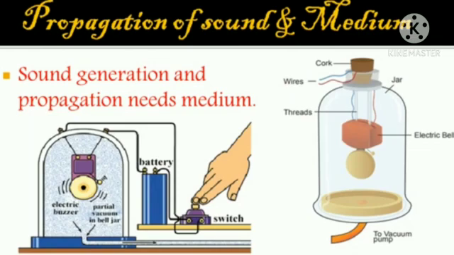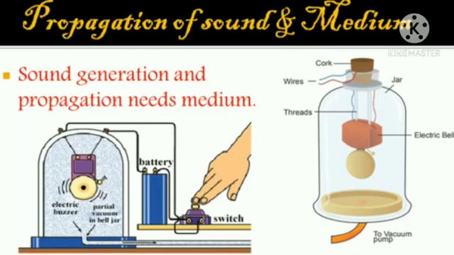And now if the vacuum pump is switched on, it starts removing the air from the bell jar. As the quantity of air inside the bell jar decreases, the level of ringing sound heard outside also decreases.